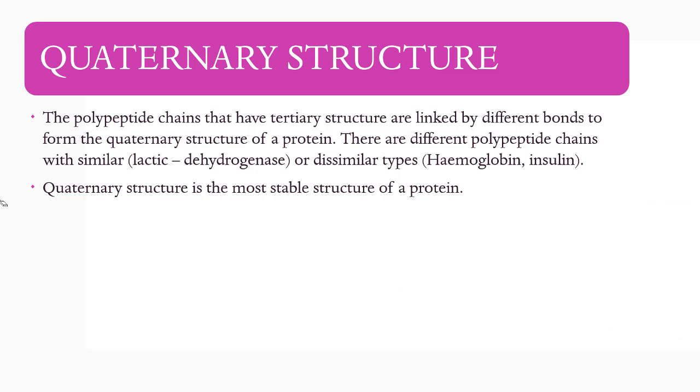Quaternary structure. The polypeptide chains that have tertiary structure are linked by different bonds to form a quaternary structure of a protein. There are different polypeptide chains with similar, like lactic dehydrogenase, or dissimilar types, hemoglobin and insulin. So polypeptide chains having tertiary structure come up with the formation of some more bonds, formation of domains.